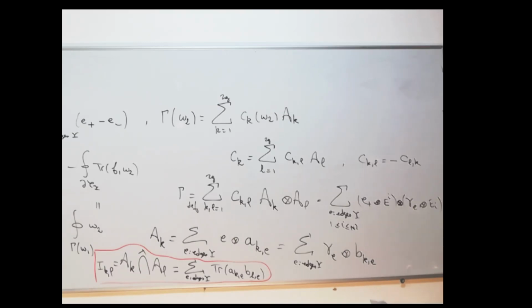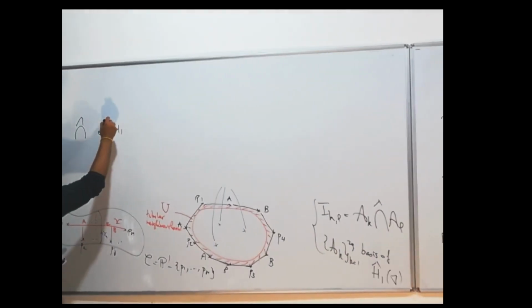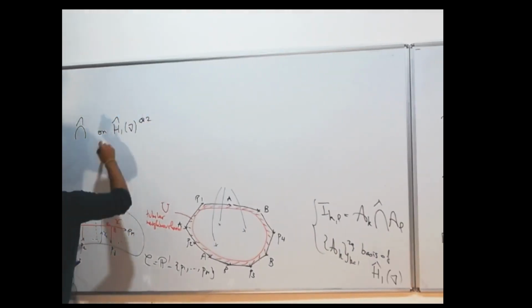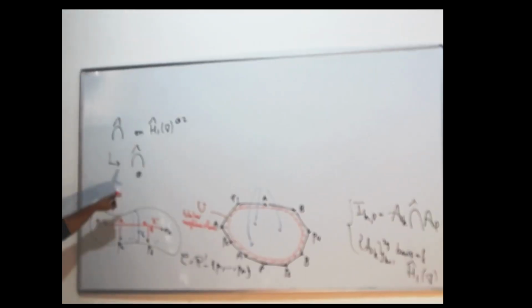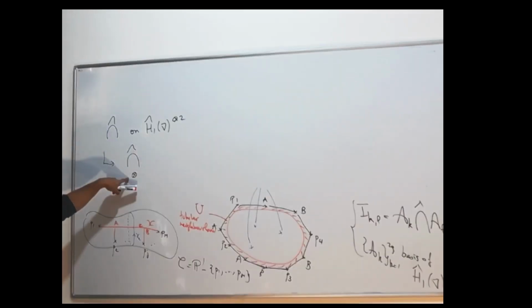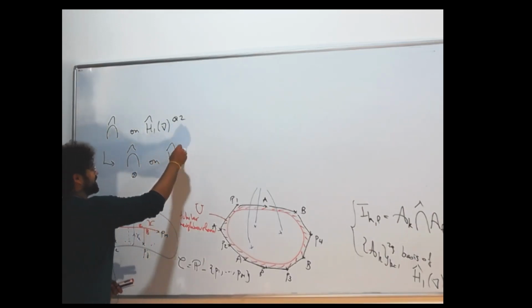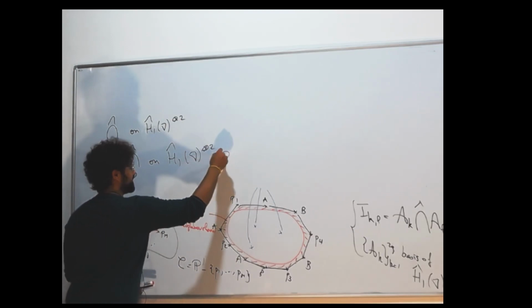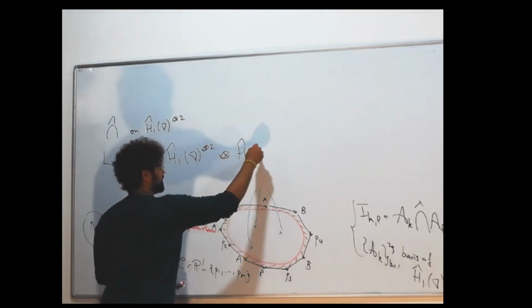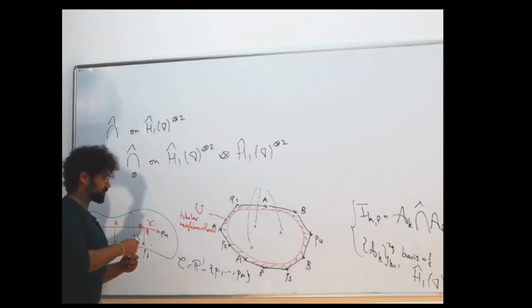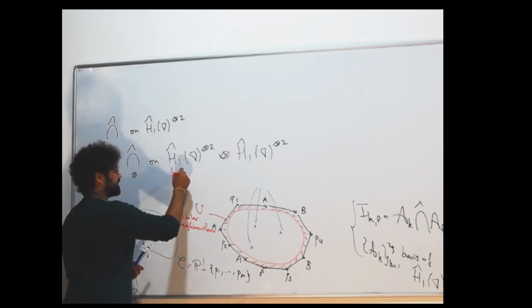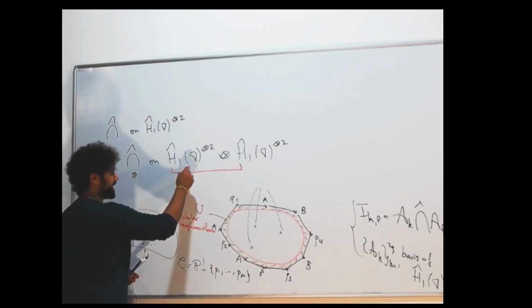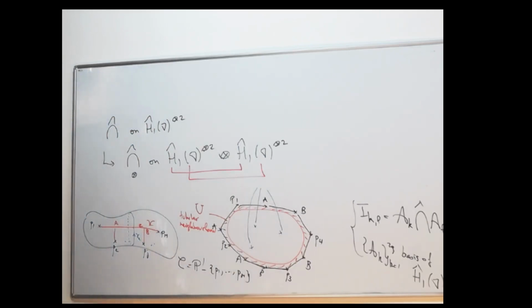So it's on H1 tensor squared, and you can upgrade it to an intersection hat, with a little tensor product underneath, on H1 tensor squared tensor H1 tensor squared, by intersecting the first and the third and the second and the fourth components.